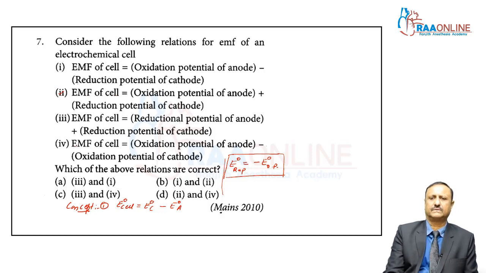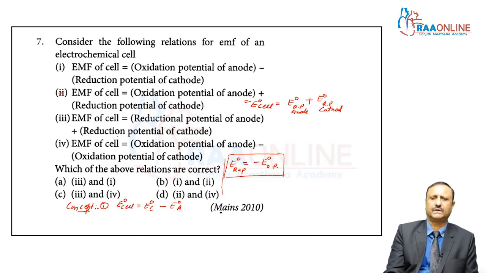This is correct, because E naught cell equals E naught oxidation potential, since oxidation is done in the anode, plus E naught reduction potential, since reduction is done in the cathode, and both are added to give E naught cell. This formula is derived from the original formula. So, second is the correct answer.